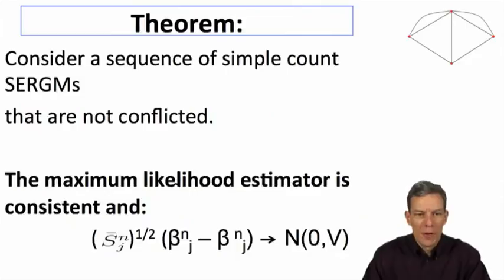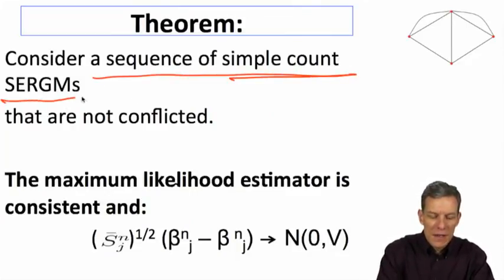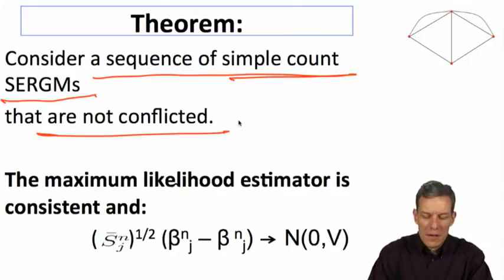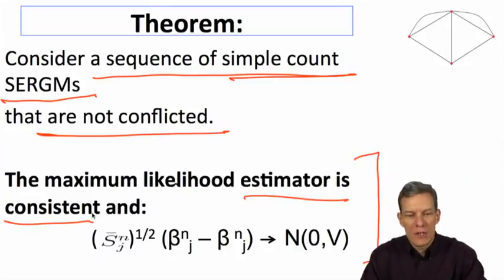Okay, so theorem: if you're looking at a sequence of these simple count statistics and they're not conflicted, then the maximum likelihood estimator is consistent. It satisfies those earlier conditions.